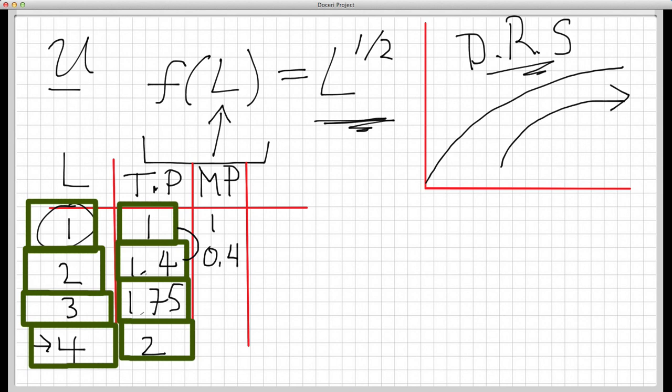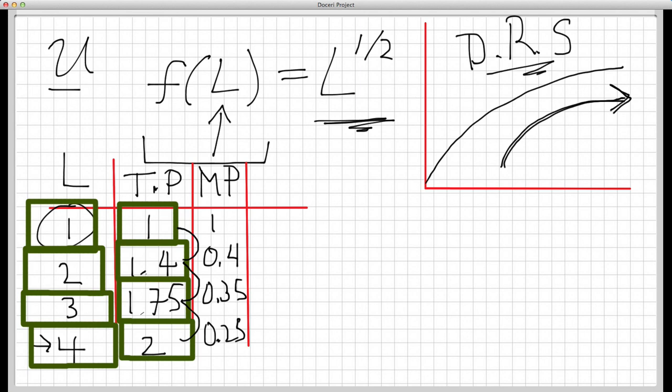Marginal product of the third is 1.75 minus 1.4, which is 0.35. And finally, 2 minus 1.75 is 0.25. Okay, so obviously marginal product is decreasing and decreasing and decreasing. So this again comes back to this decreasing returns to scale. You put in more labor, you get relatively less for each additional unit out. And we'll talk more in class about where that comes from.